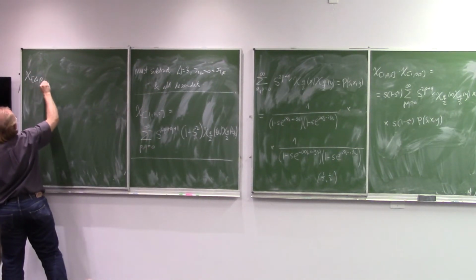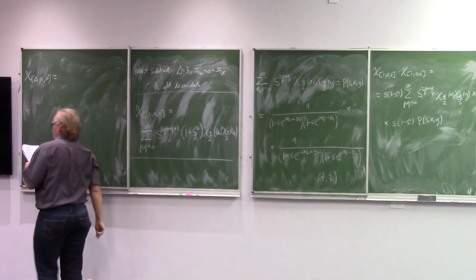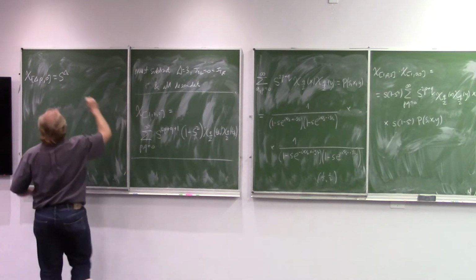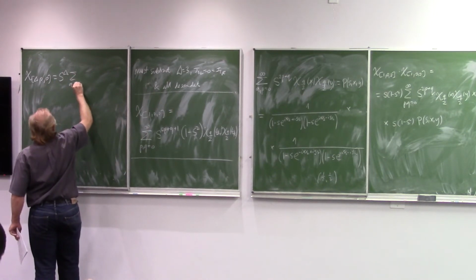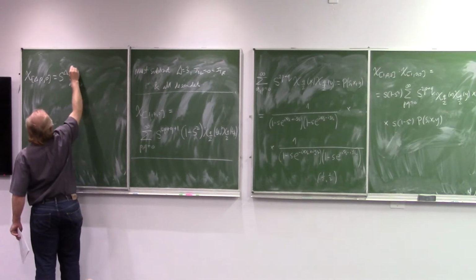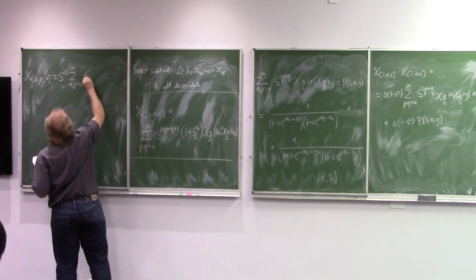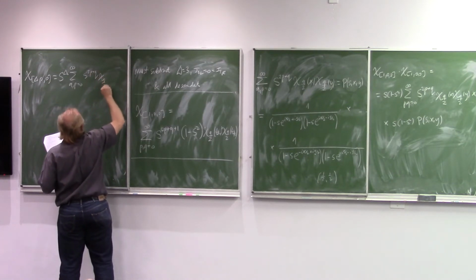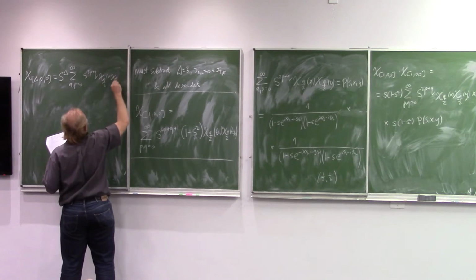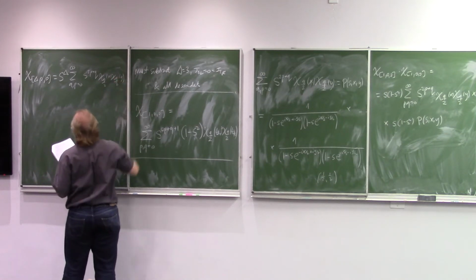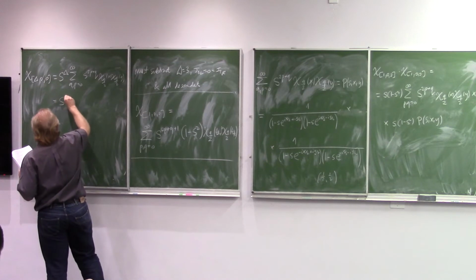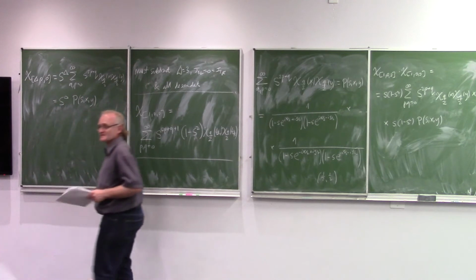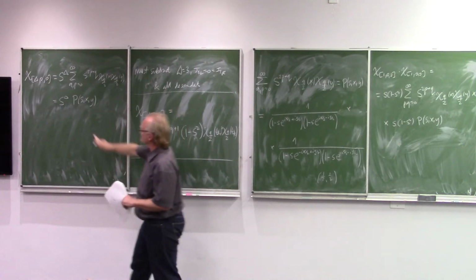Chi delta naught, let's keep this. This was s to the delta multiplied by that sum, s to the p plus q chi q over 2 of x, chi q over 2 of y. And this is s to the delta times p of s, x, y. And notice, where does the primary quantum number appear?